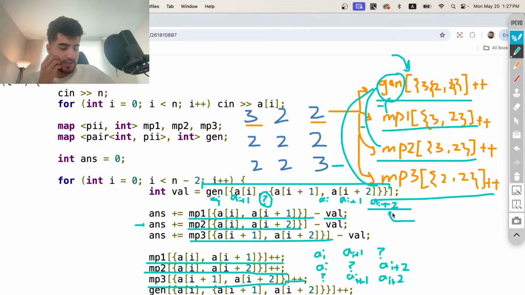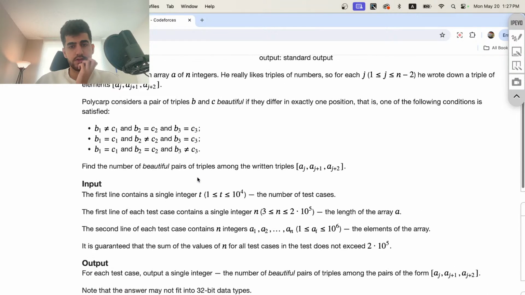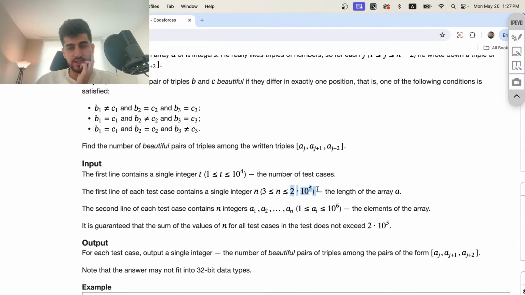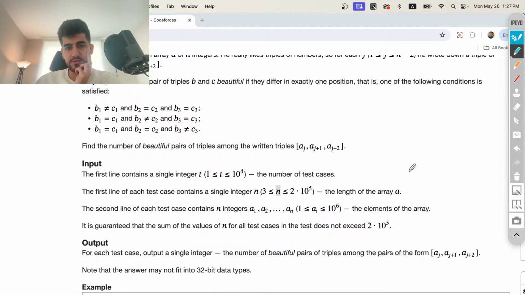Can you explain why this is faster than the brute force solution? Well, with the brute force solution, if you check each of those triples, that would take a lot of time because n is at most 2 times 10 to the power of 5, and the algorithm would be n squared.